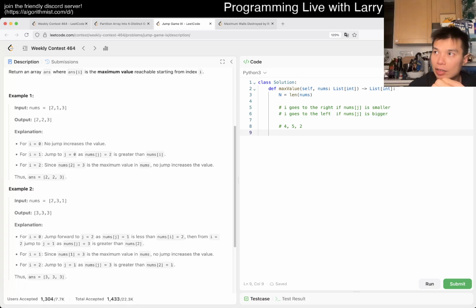Well, if it can't go any number to the right, like if it's the smallest number, then it's the biggest number to the left, right? Is that right? Biggest number to the left, and then keep going, and then just a for loop. Maybe?